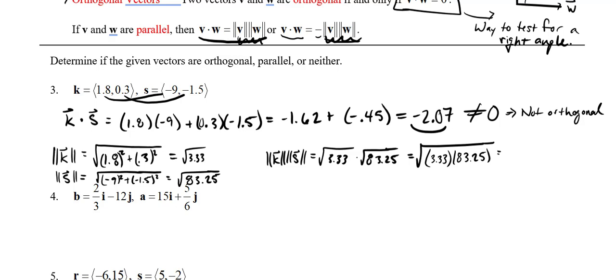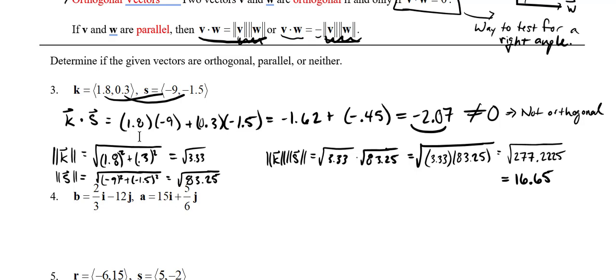This is root of 277.2225, which when I take the actual square root, I get an exact value, 16.65.